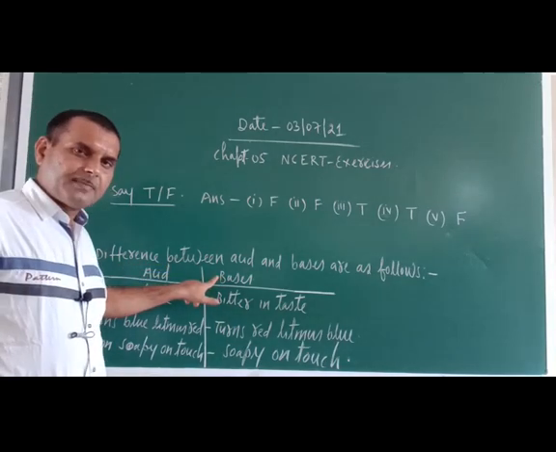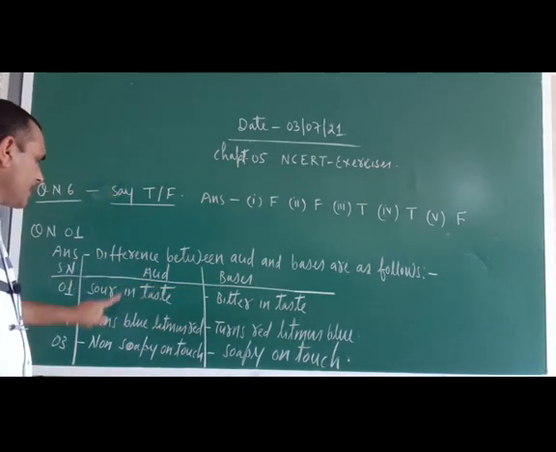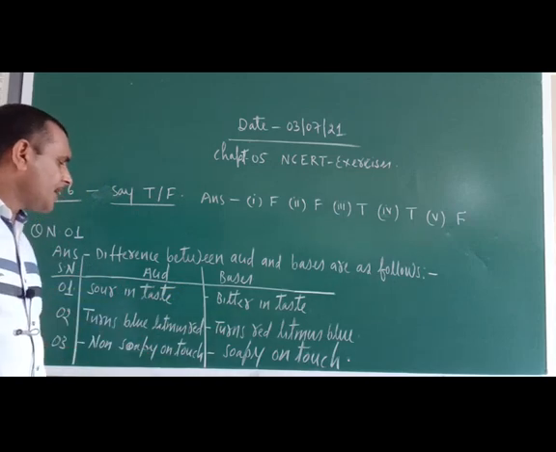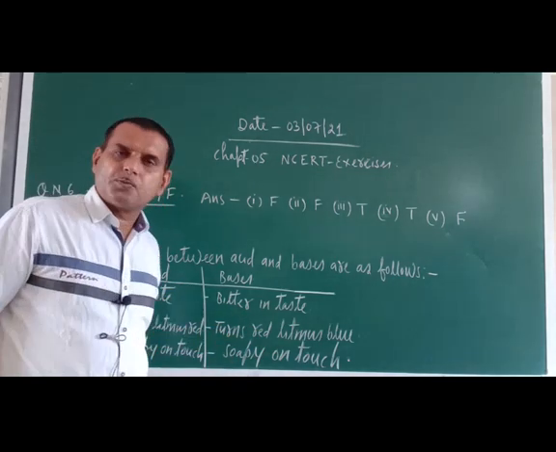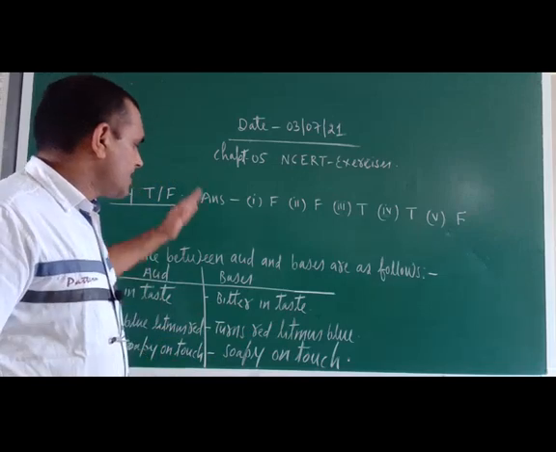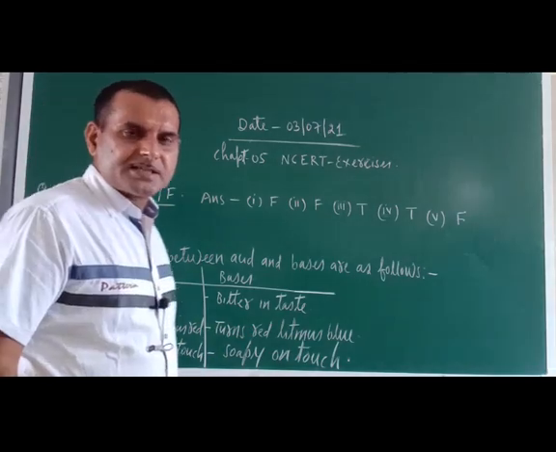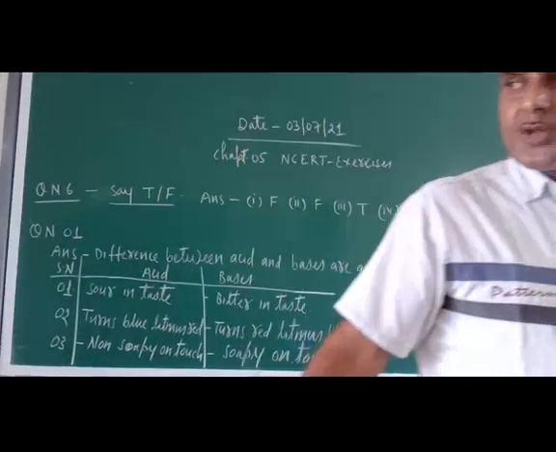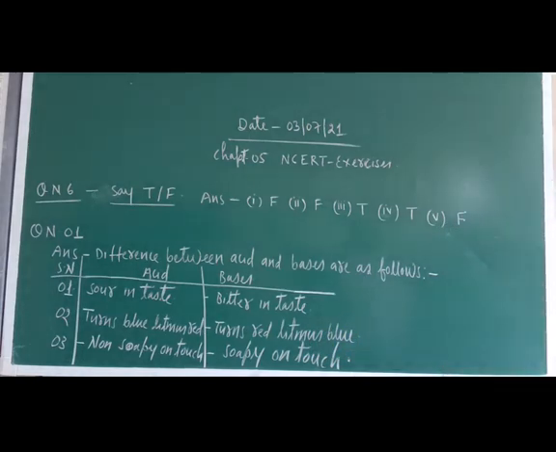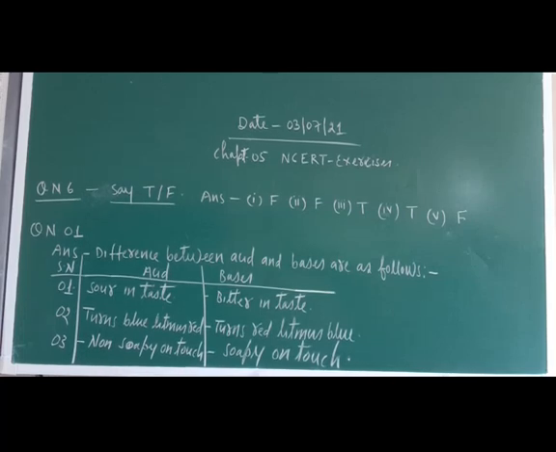Blue litmus remains blue in basic medium. Acids are non-soapy on touch. Bases are soapy on touch. So these are the differences between acids and bases. The remaining questions I will complete with the help of extra marks.